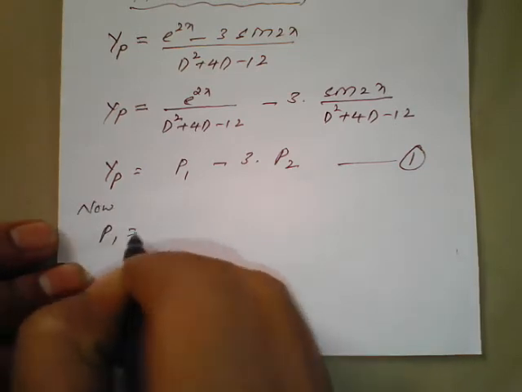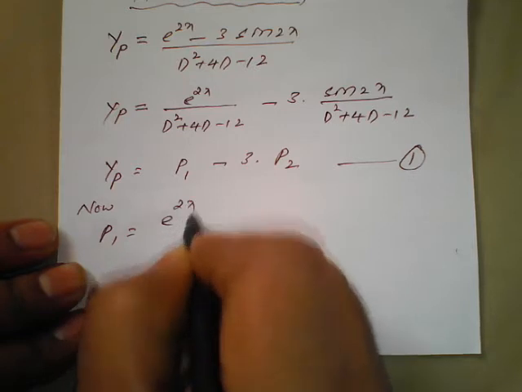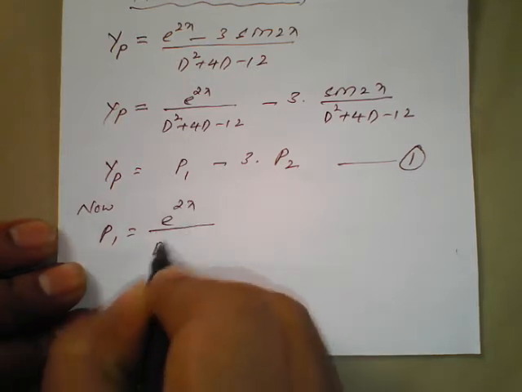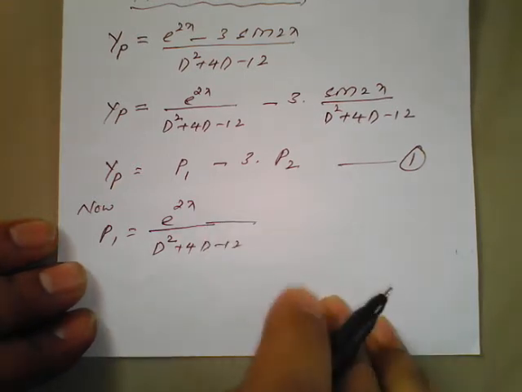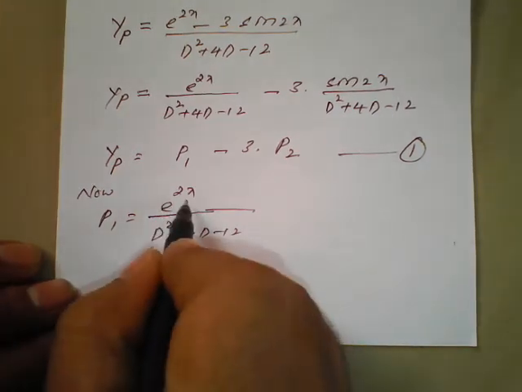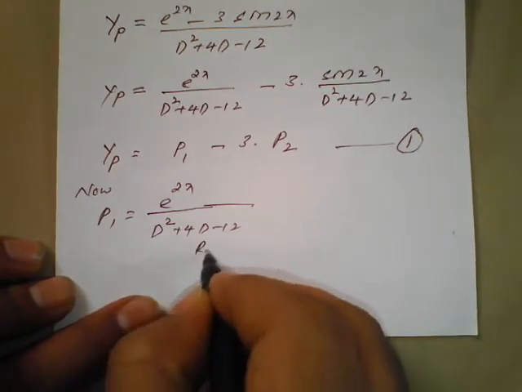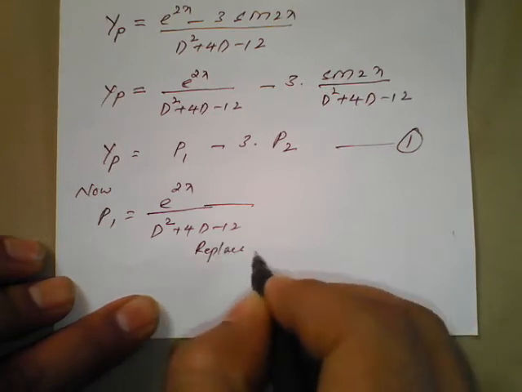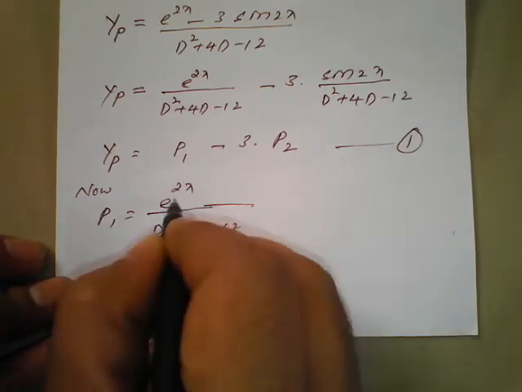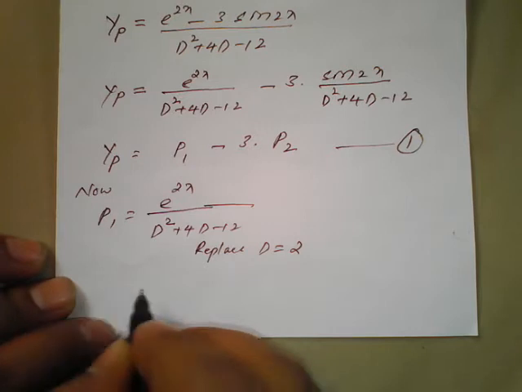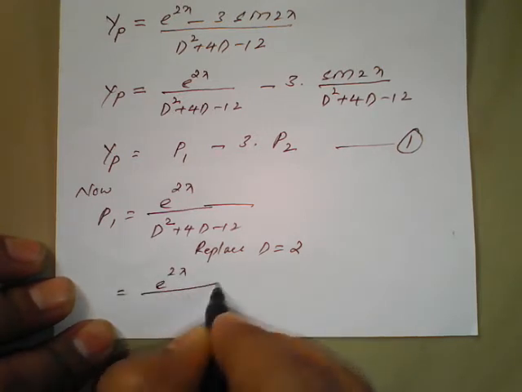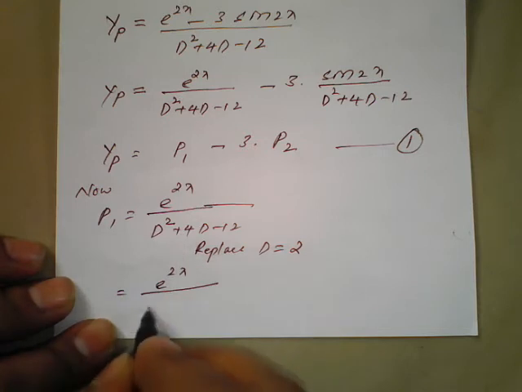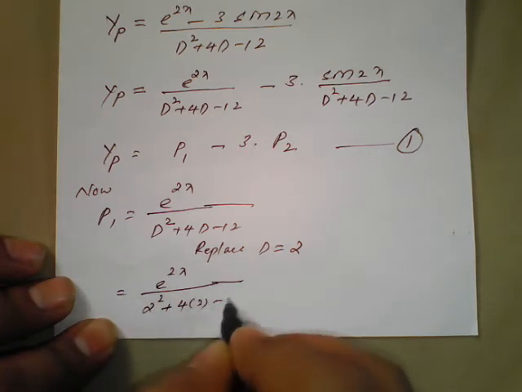So p1, what is p1? e raised to 2x divided by d square plus 4d minus 12. Fine. So this is type 1. For type 1, what to write here? Replace d is equal to the coefficient of x, that is 2. So e raised to 2x divided by 2 square plus 4 times 2 minus 12.